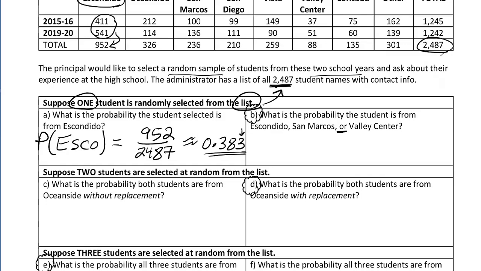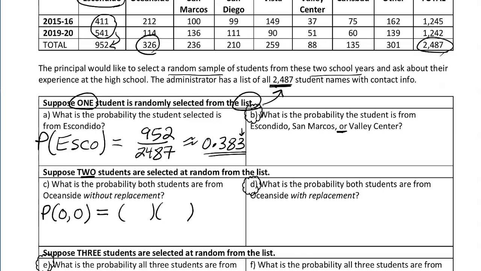Next one, suppose 2 students are selected at random from the list. What is the probability both students are from Oceanside without replacement? So we have probability of Oceanside, we'll just say O, and we need 2 students like that. To calculate that, we're going to have 2 sets of parentheses, one for the first student and then multiplying by the second student.